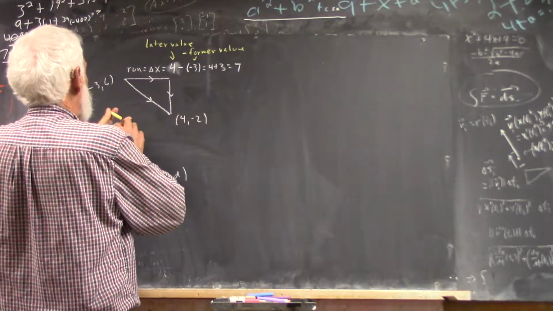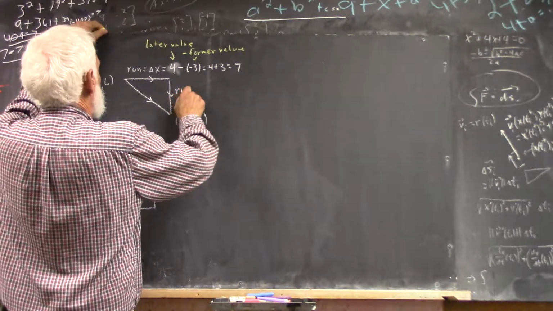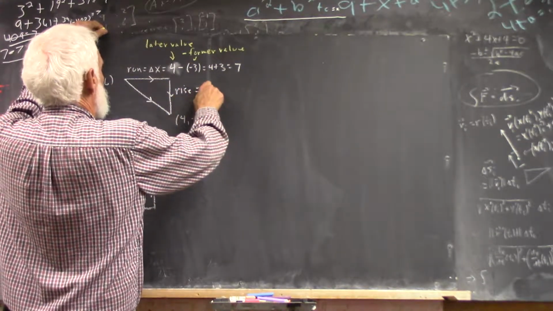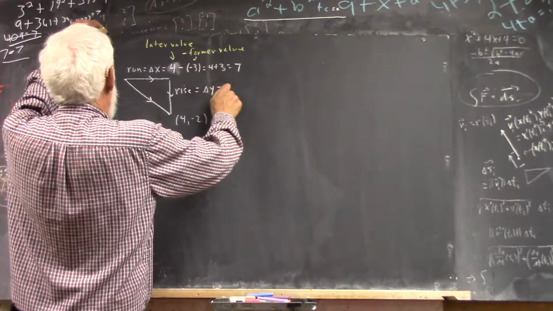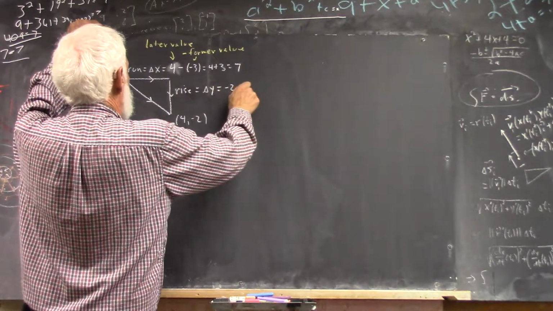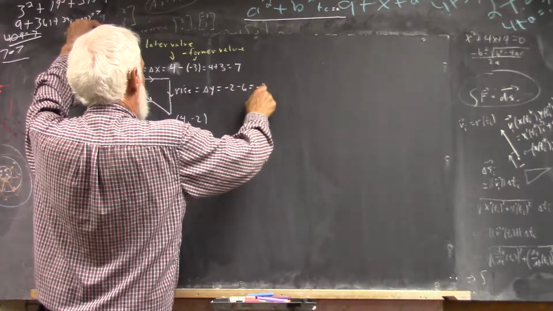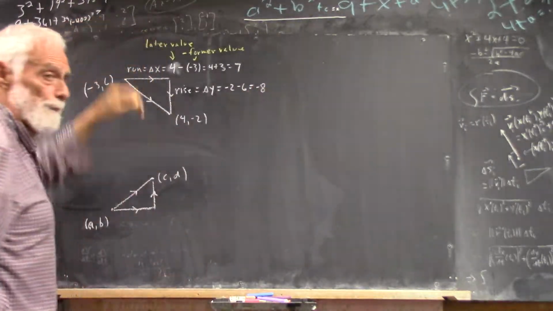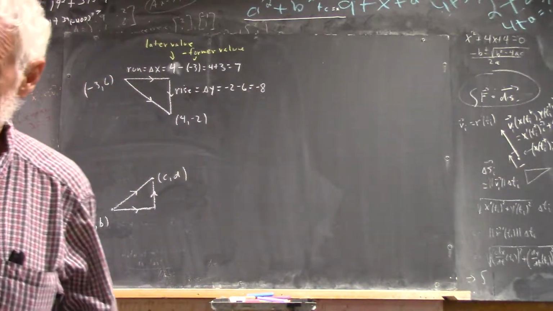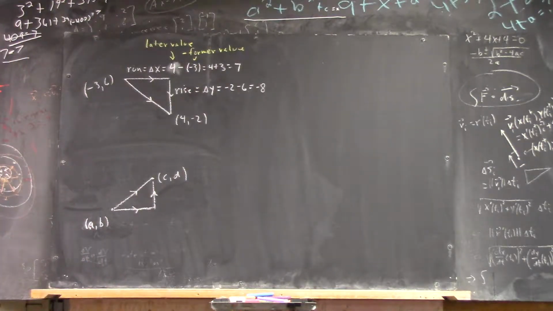And then the rise is your delta y, and that's -2 minus 6, which is -8.